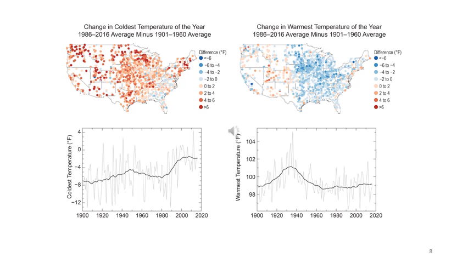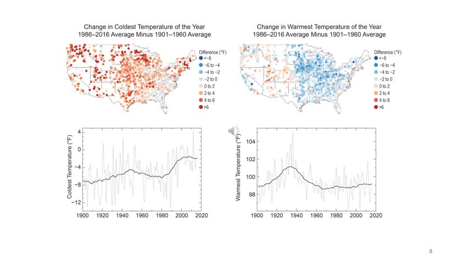So almost everywhere around the United States, especially in the Pacific Northwest, in parts of the Midwest, in New England, you see this very significant shift, very significant change in this variation. And then in the graph below, you see the behavior of the coldest temperature.